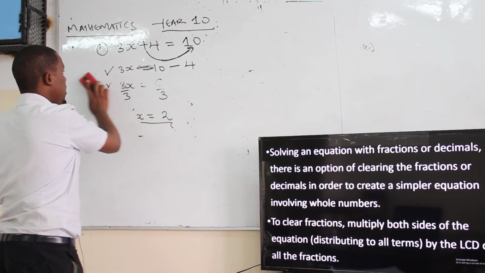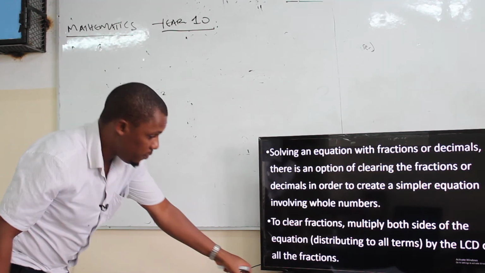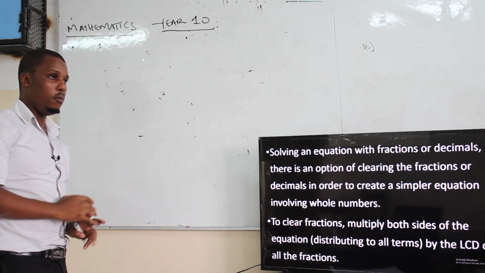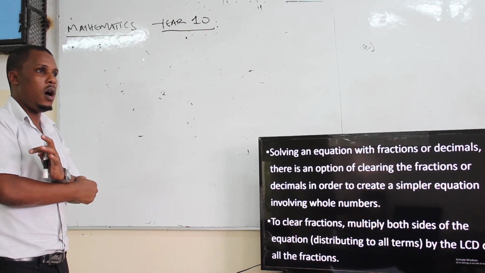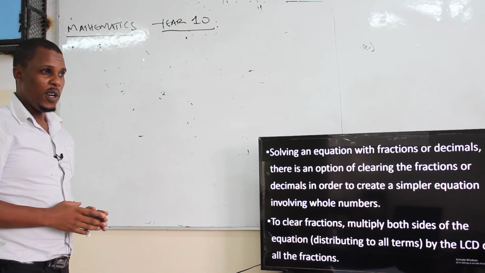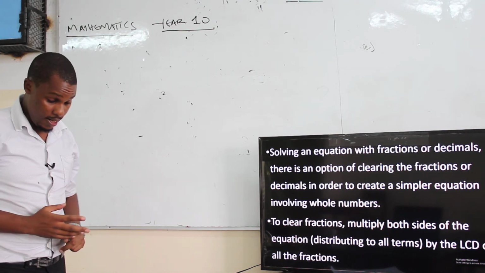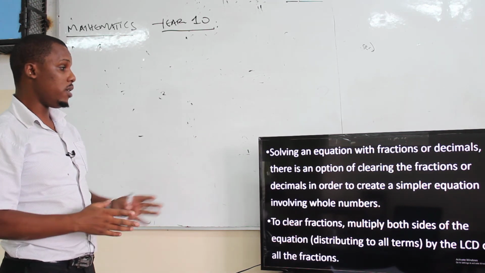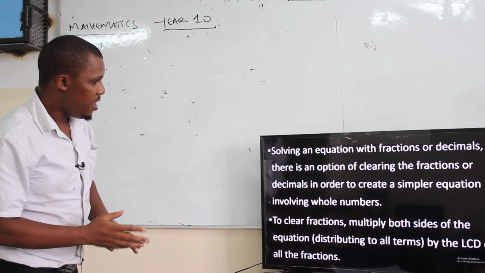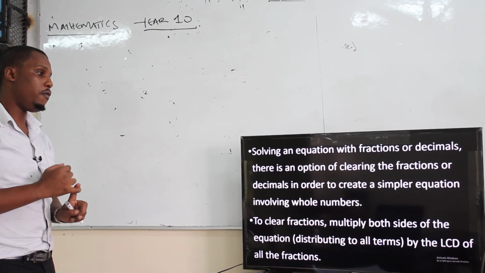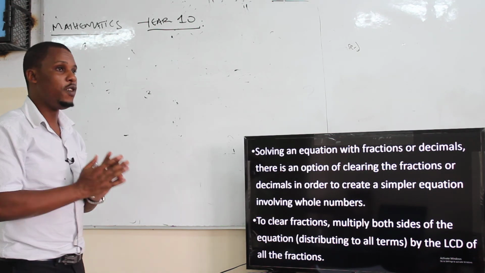We're insisting that solving an equation with a fraction or a decimal will not always involve whole numbers, but you're going to encounter an equation that has decimals and fractions. So what do you do about it? There is an option of clearing the fraction or decimal in order to create a simple equation involving whole numbers.